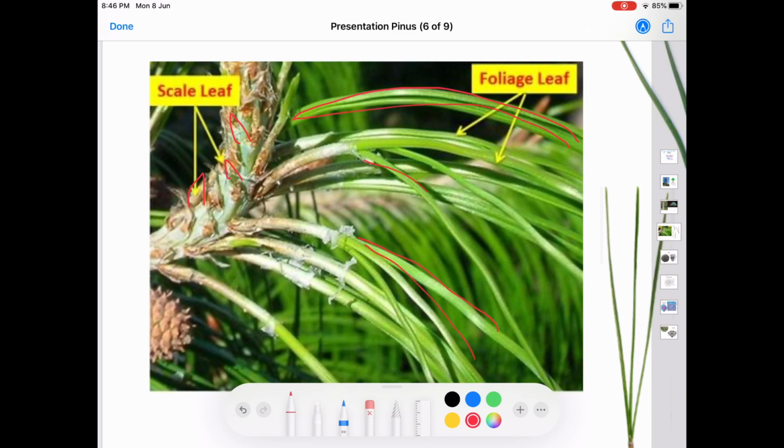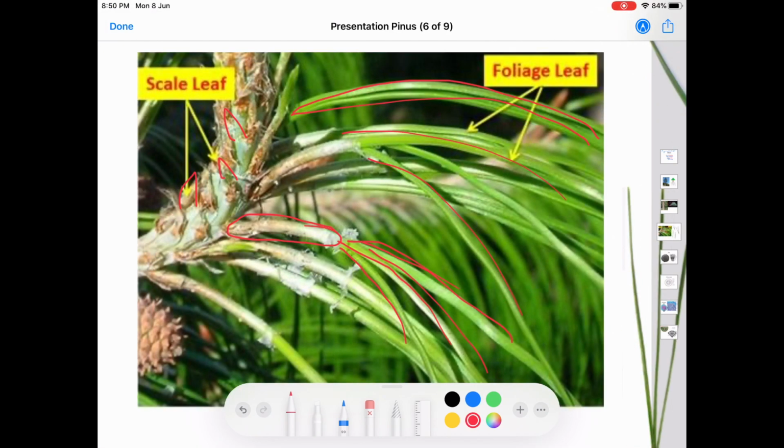These foliage leaves are involved in photosynthesis. They are developing in clusters at the apex of dwarf shoot. See, this region is the dwarf shoot and foliage leaves are arising at the apex of this dwarf shoot.